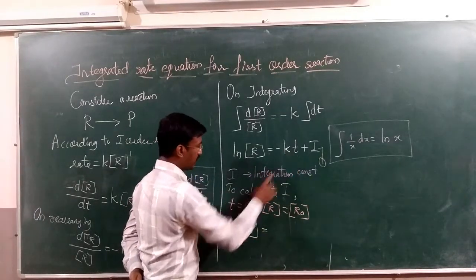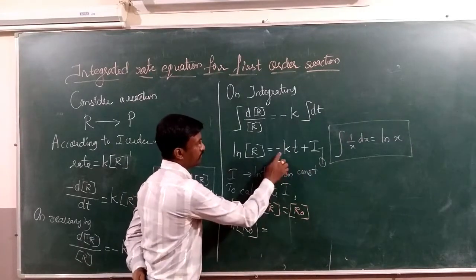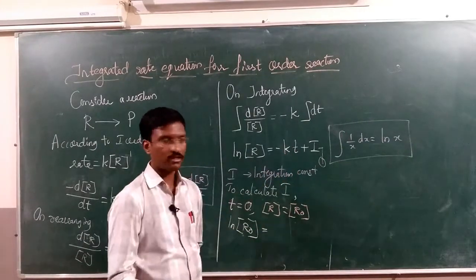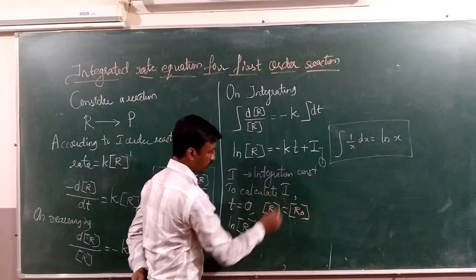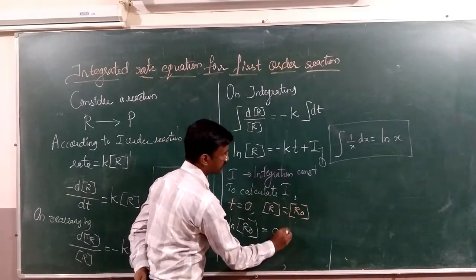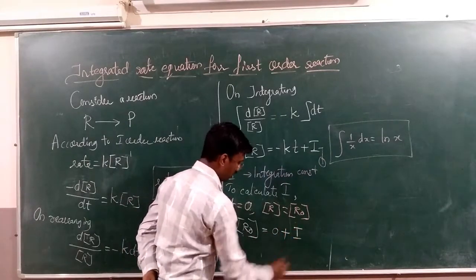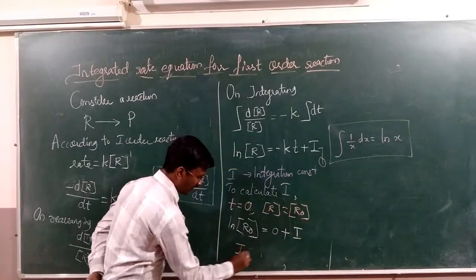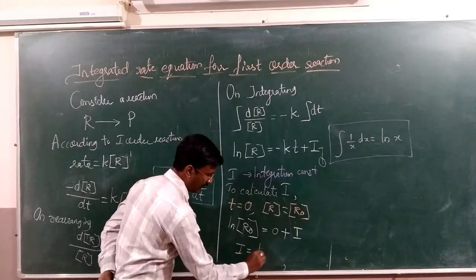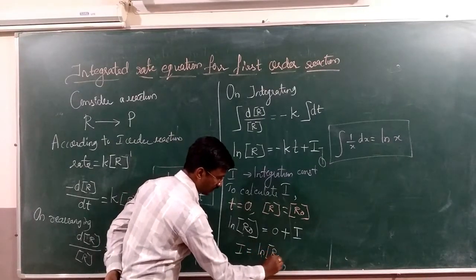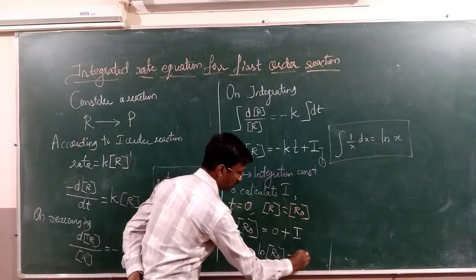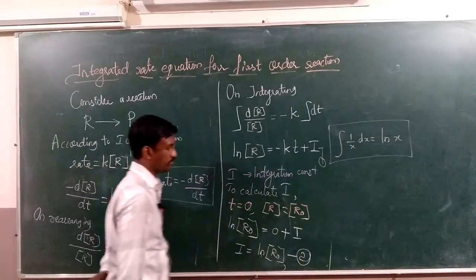Here t is nothing but 0. Anything into 0 is 0, therefore minus k into 0 is totally 0, plus I. I is written as it is. Therefore, I is equal to ln R0. We take this as equation number 2.